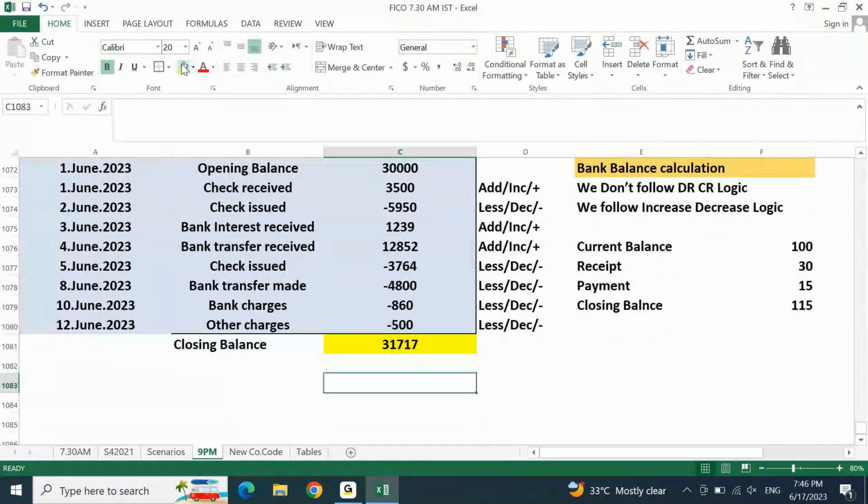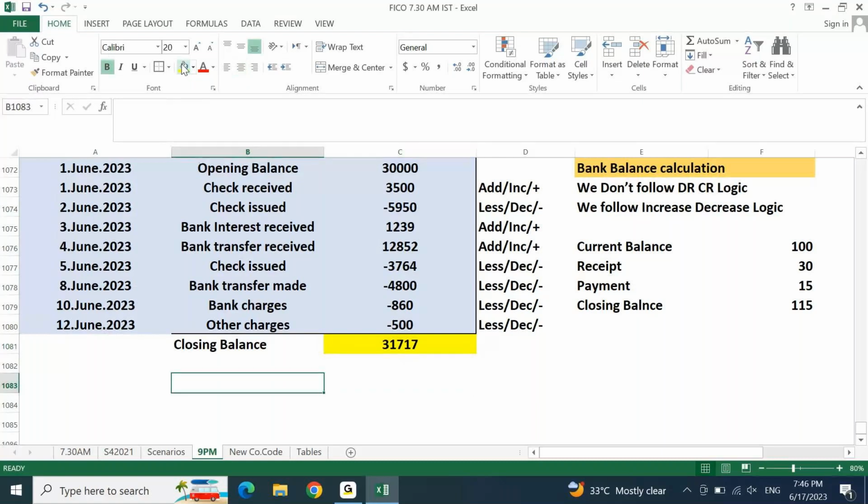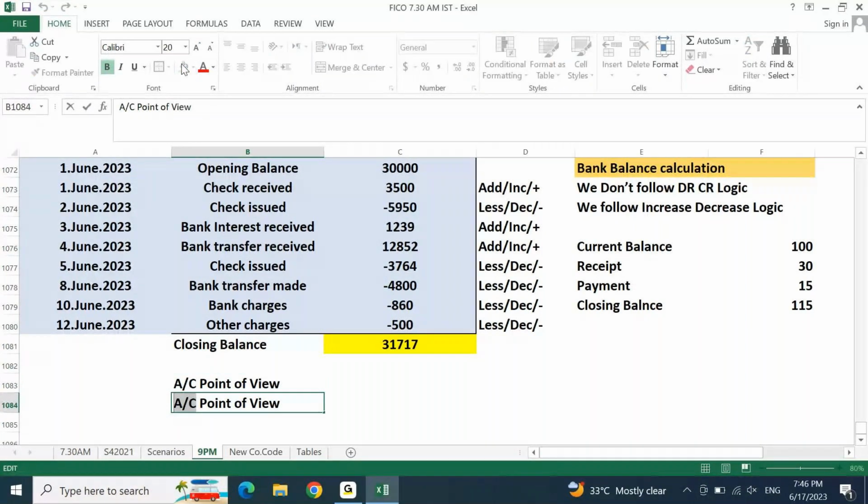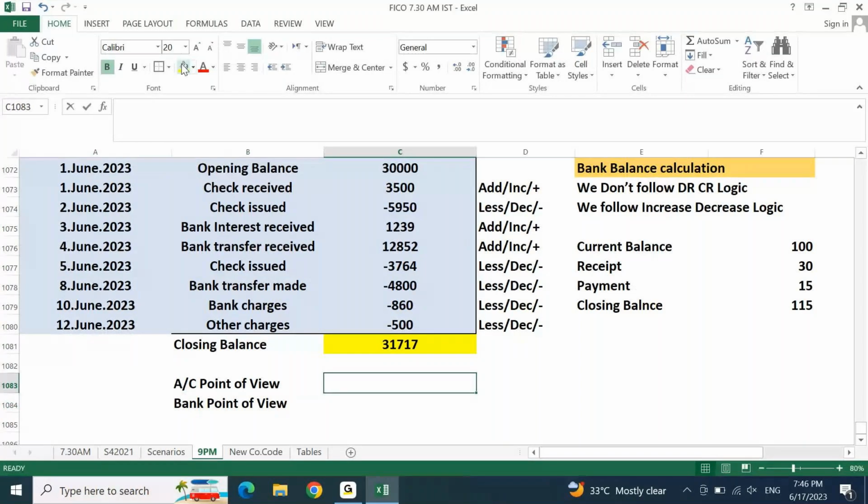Now if you look at this closing balance from the accounting point of view and from the bank point of view: from the accounting point of view this is 31717, and from the bank point of view this will also be 31717.